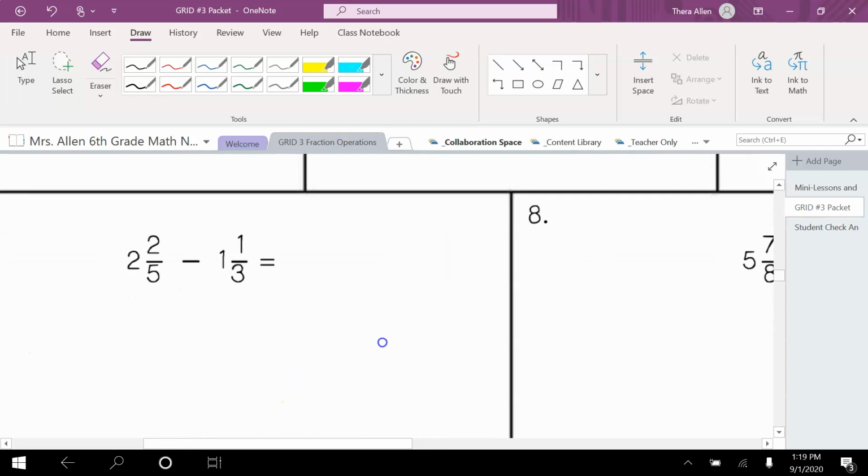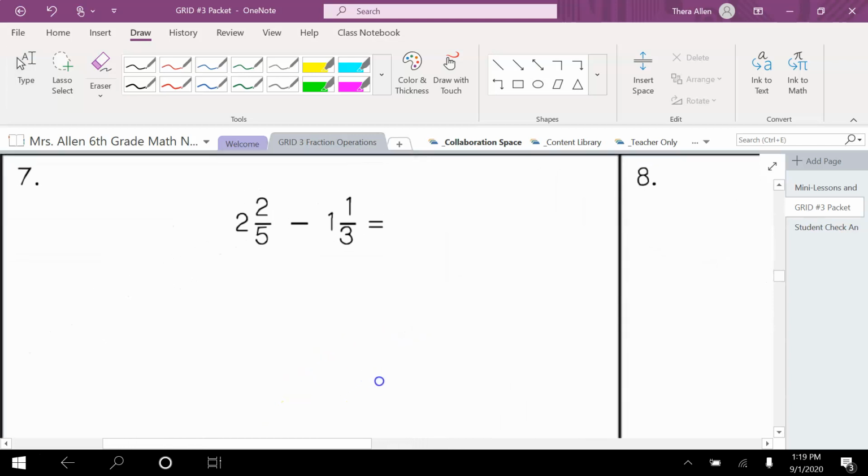They stay the same. Another subtraction problem. We do not have common denominators. Between 5 and 3, the common denominator would be 15. And like I said, you can write these out or you can just use your knowledge of your multiplication facts. 5 times 3 gives me 15.